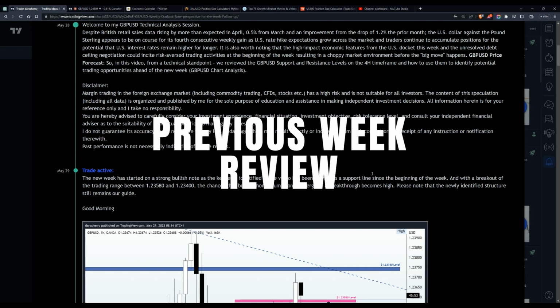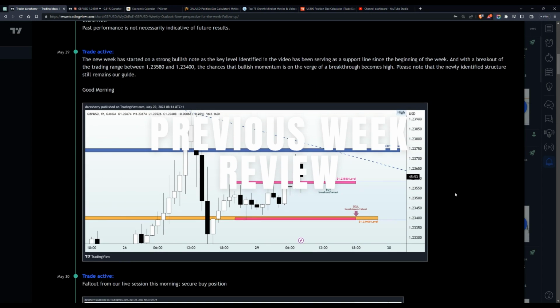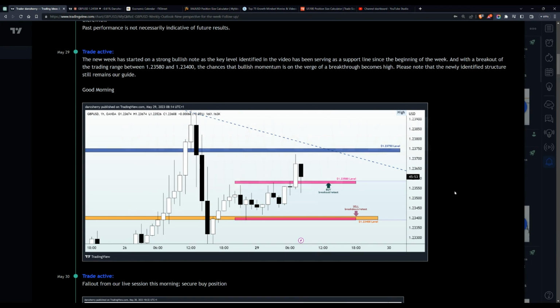So, talking about last week's trading session, this was my first commentary at the beginning of the week, where we identified a simple flat channel where price action was initially ranging between the 1.23580 level and the 1.23400 area, which happened to be our key level for the week.